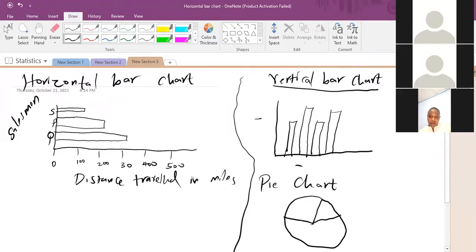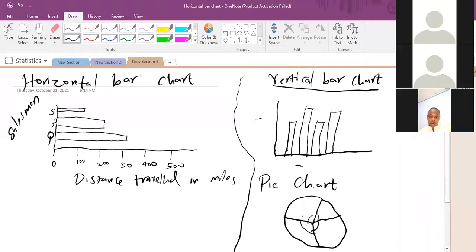We all know that a circle is 360 degrees, so having these different sections, each value representing a particular angle. So this is basically how a pie chart looks.